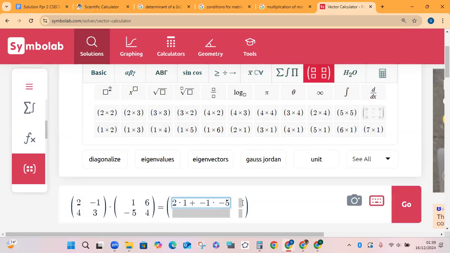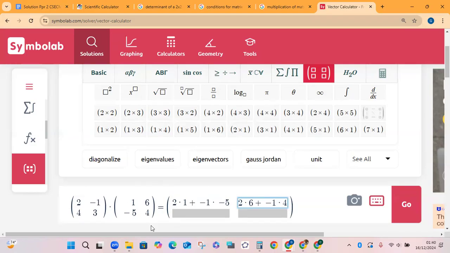To get this next element here, which is still in the first row, we have to use the first row. It's in the second column, so we have to use the second column of the second matrix. So we're going to go back and use the same 2, but now we're going to multiply it to 6 plus the same -1, but now we're going to multiply it to 4.